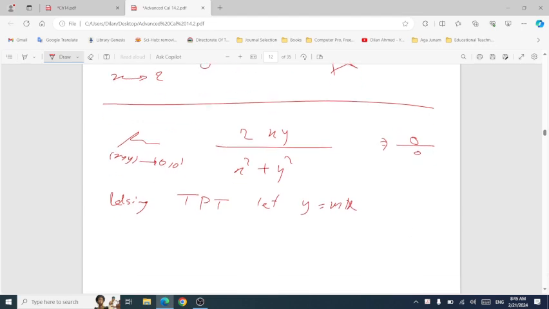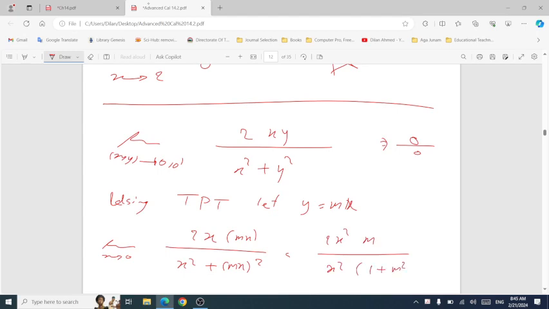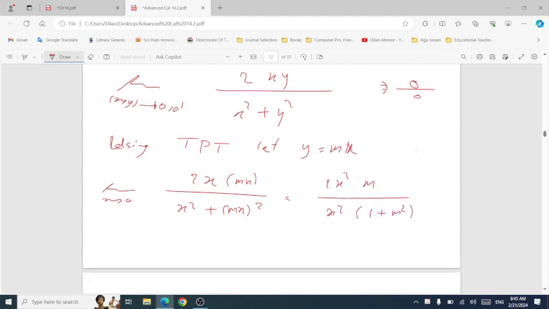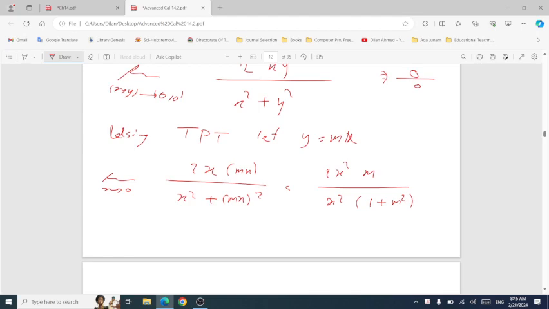Then the limit... am I right? And I'll get what? Clear? What did we do? We bring x squared out as a factor.